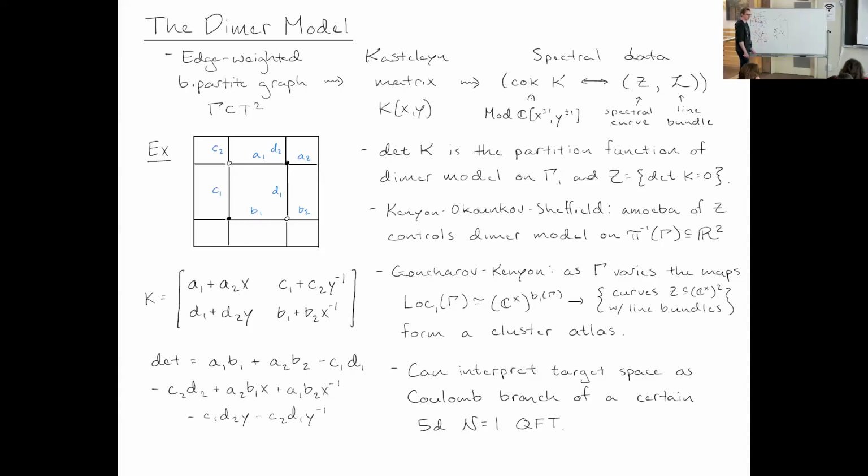I don't know if that addresses your question more. But the statement is if you remove this vertex, you don't change the spectral data. That's part of the statement.